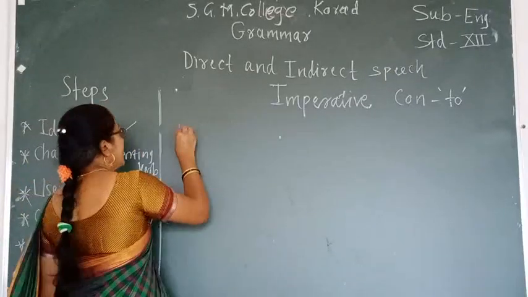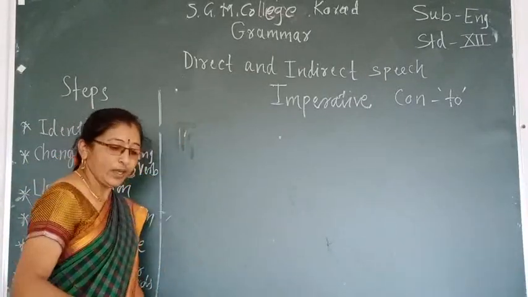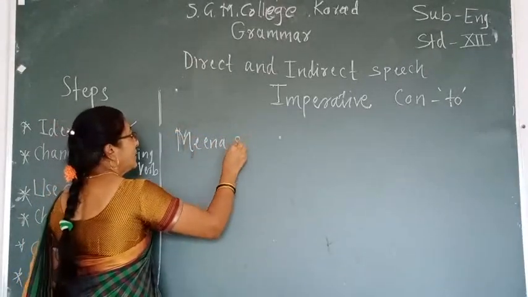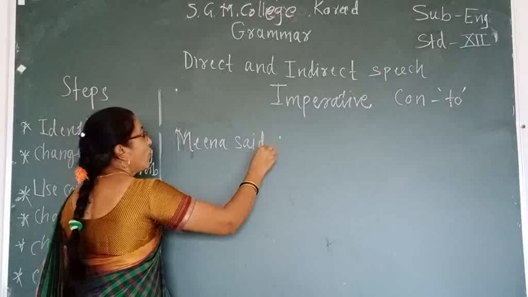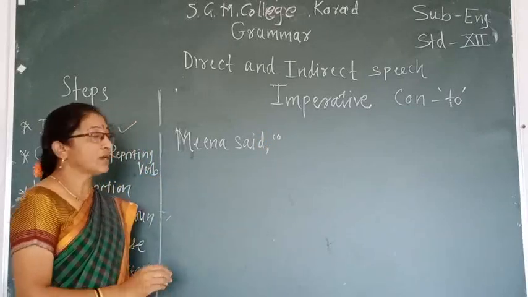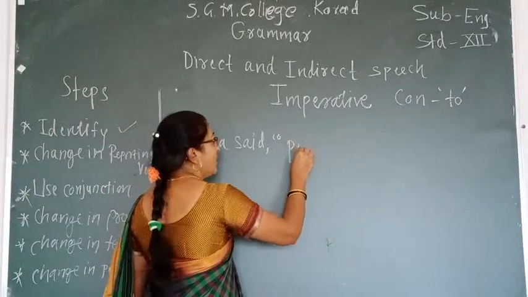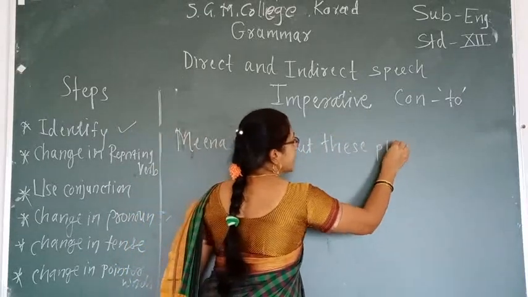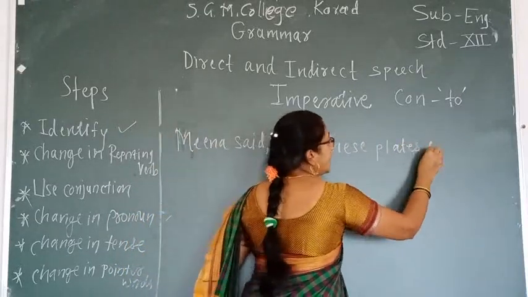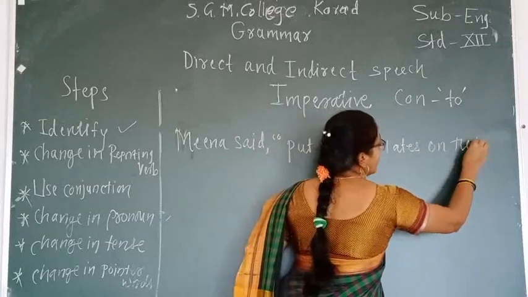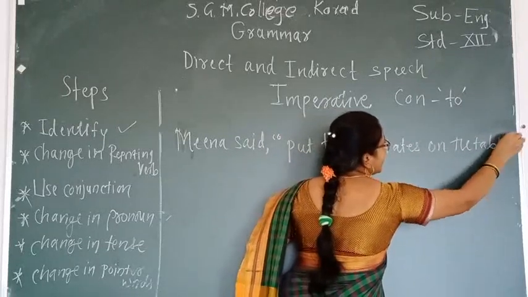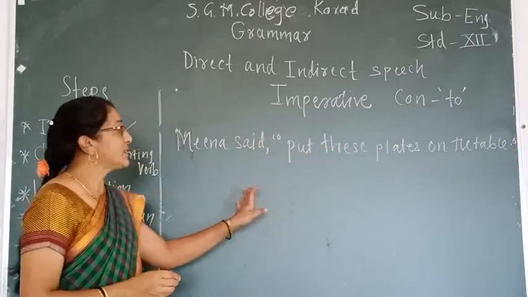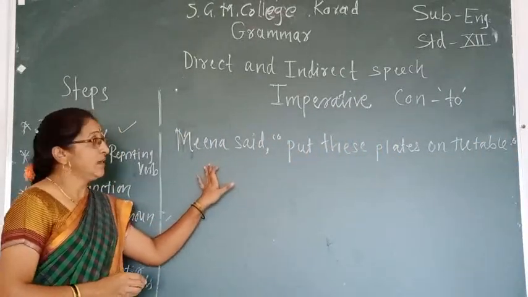Then again I take one more example of an imperative sentence. Meena said, "Put these plates on the table." Full stop, inverted commas complete. Now see, again one more example of an imperative sentence.